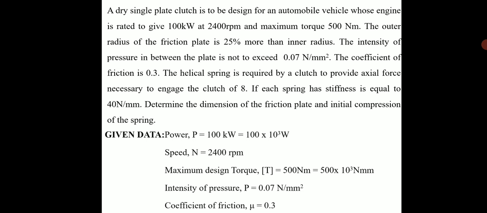First, the given data. The power P is equal to 100 kilowatt, which is equal to 100 into 10 power 3 watt. Speed n is equal to 2400 rpm. The maximum design torque T is equal to 500 Newton meter, which is equal to 500 into 10 power 3 Newton mm. Intensity of pressure P is equal to 0.07 Newton per mm square. Coefficient of friction mu is equal to 0.3.